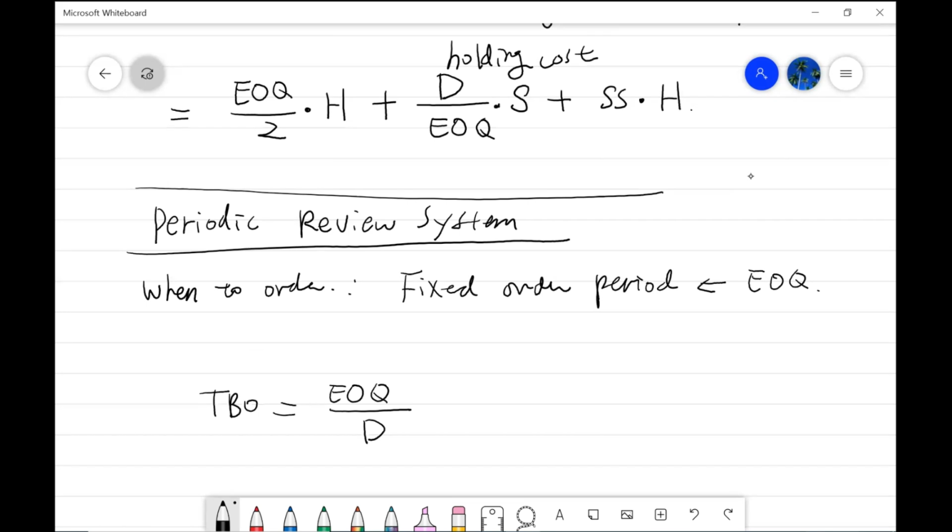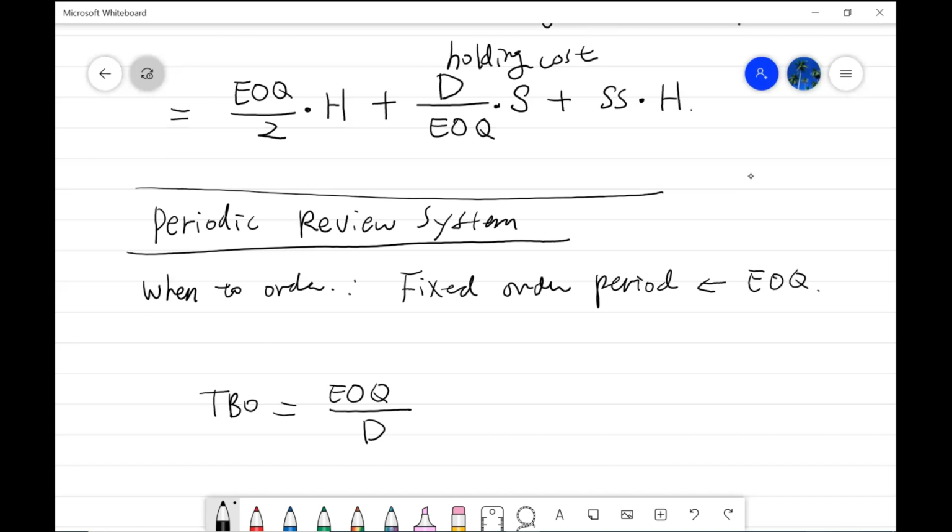But you remember, under the continuous review system, what I fixed is the order quantity, not the period. But under the periodic review system, I have another problem. Because I have a fixed order period, I don't have enough flexibility to handle the demand uncertainty by only having when to order.